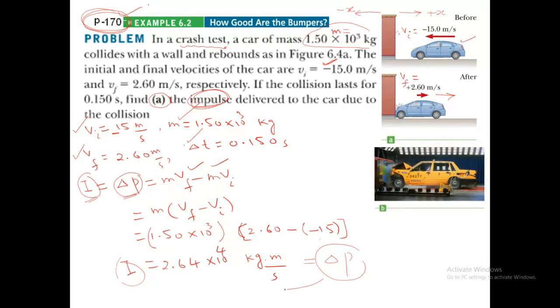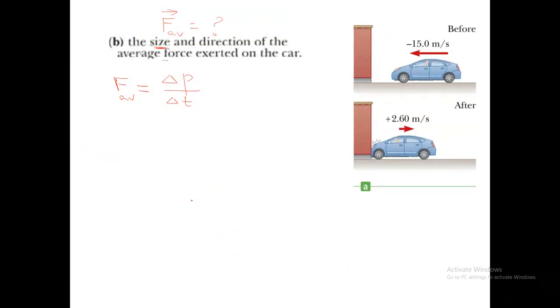So delta P is 2.64 divided by time. You get, what is the unit of force? Newton. 1.76.